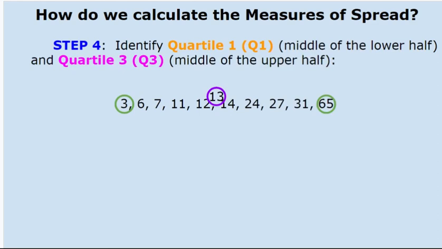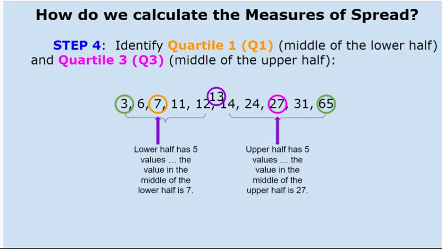In step 4, we need to identify quartile 1, or Q1, the middle of the lower half, and quartile 3, or Q3, the middle of the upper half. The lower half had 5 values: 3, 6, 7, 11, and 12. They were to the left of the median of 13.